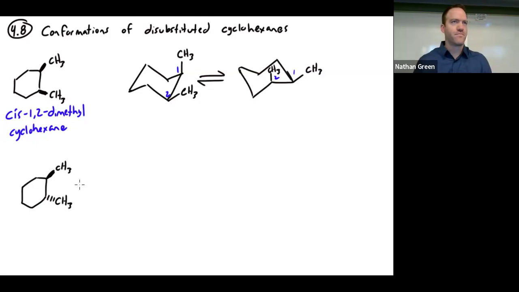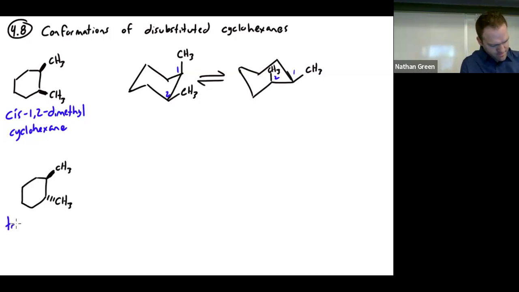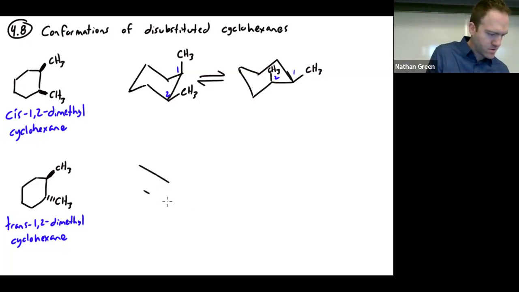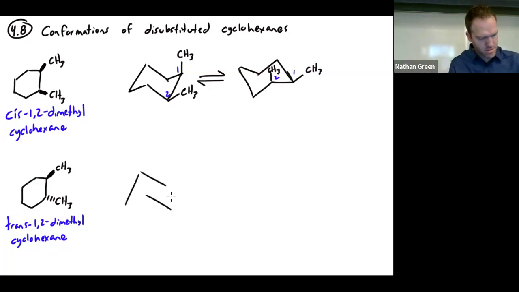The name of this molecule: trans 1,2-dimethyl cyclohexane. First thing I'm going to do is draw 2 blank chair forms.